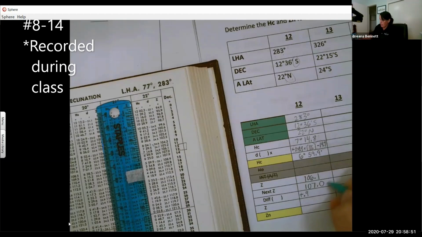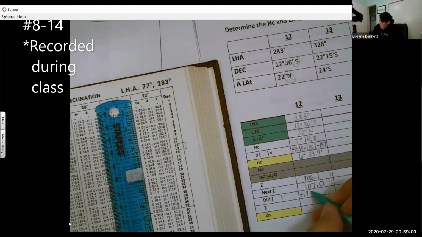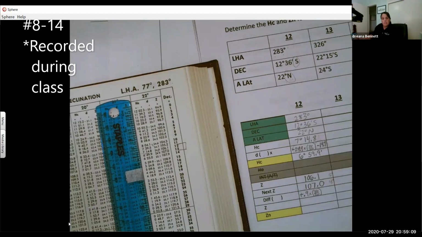Now I'm in between the 12 and the 13, right? This was at 12 and this was at 13. And I'm at 12:36. So I'm going to multiply this by 36/60ths. So I'm doing 60%. And I get a correction of plus, because we're increasing, 0.5.